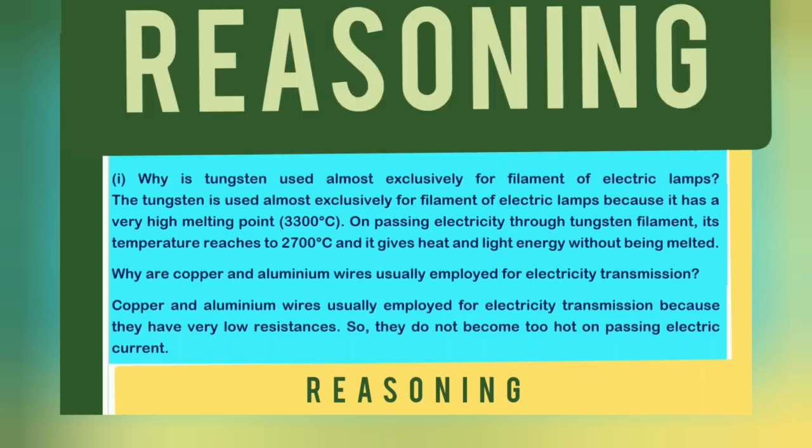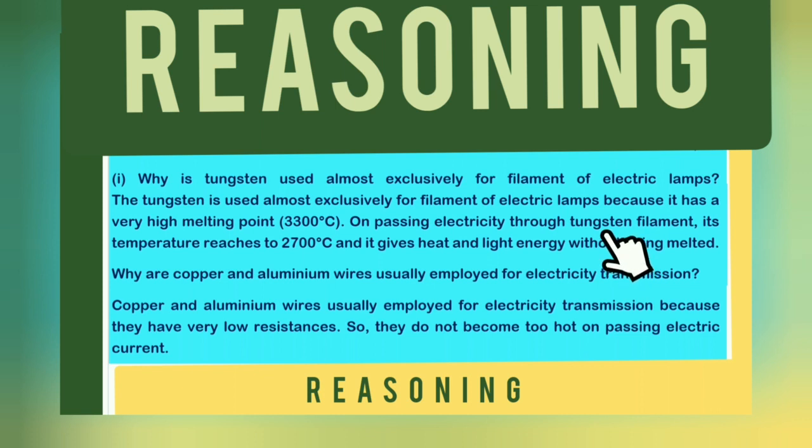Here we have few questions related to the heating effect of electric current. Why is tungsten used almost exclusively for filament of electric lamps? You know that the resistance of tungsten is very high. The heat produced is directly proportional to resistance.